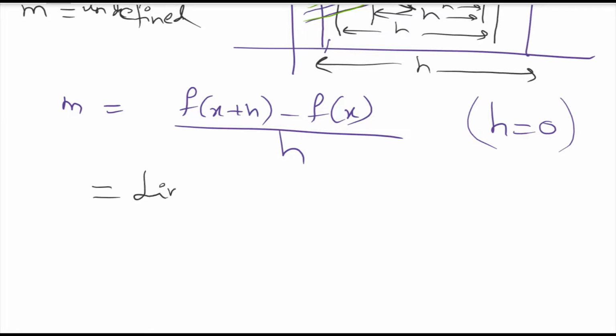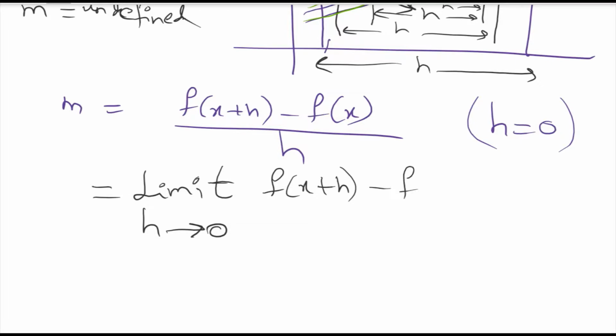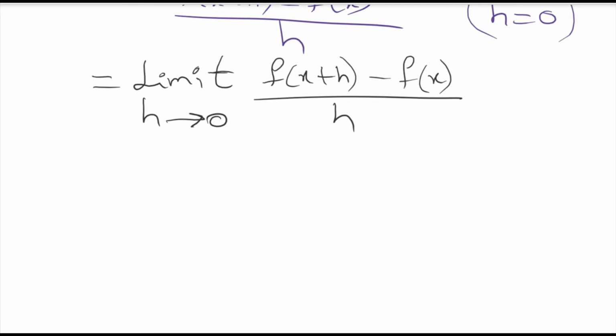I'll put some limit such that my h will tend to 0. My h is tending towards 0 for this slope, f of x plus h minus f of x by h. There is a difference between h equals 0 and h tending to 0.